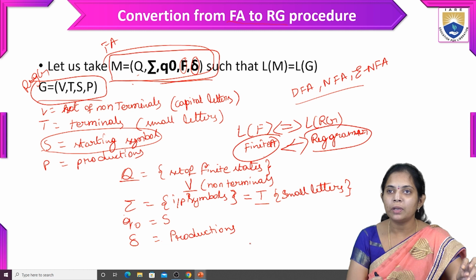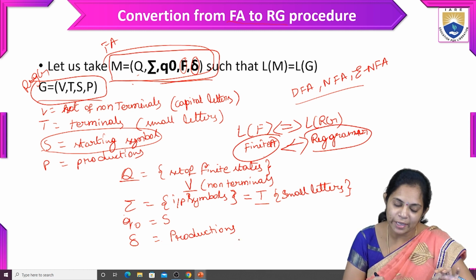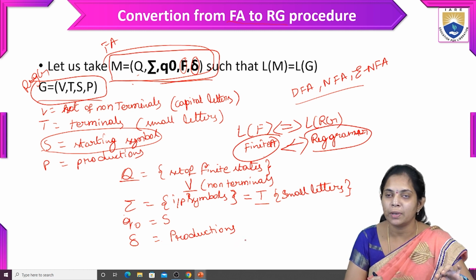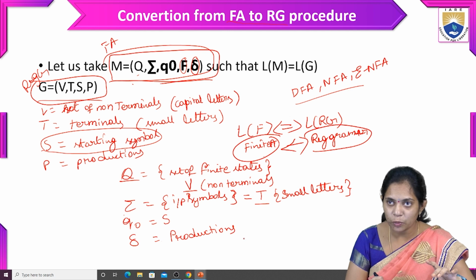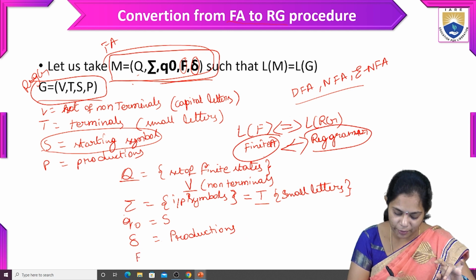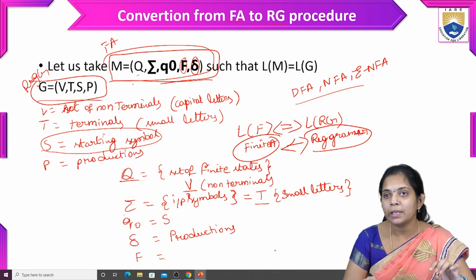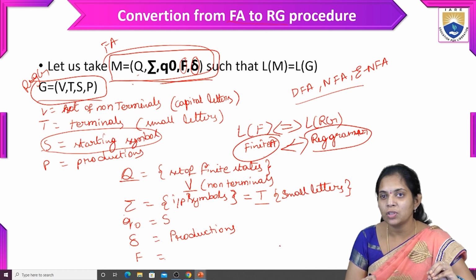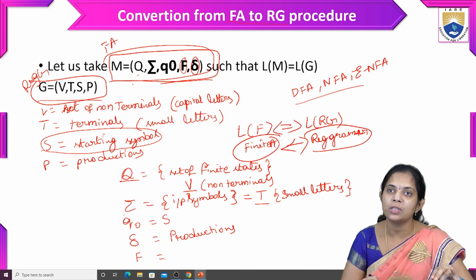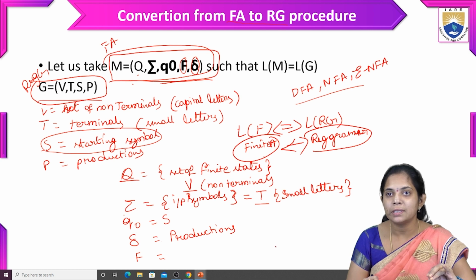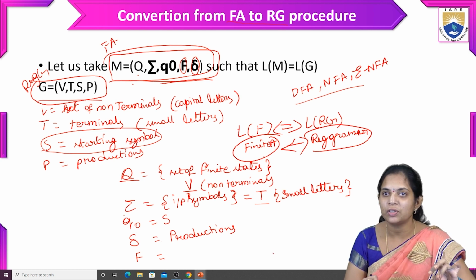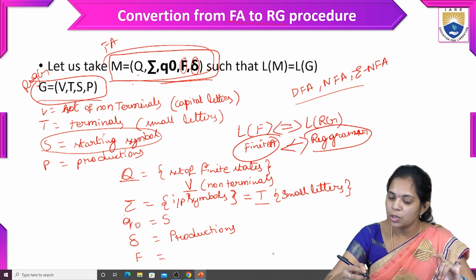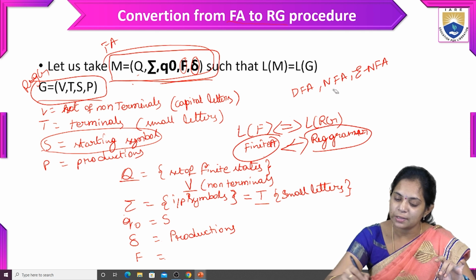We have to convert a finite automata to a regular grammar. So these are the things, only one thing is left, the final state. When we reach the final state in the transition diagram or transition functions, we have two cases. What is the first case?